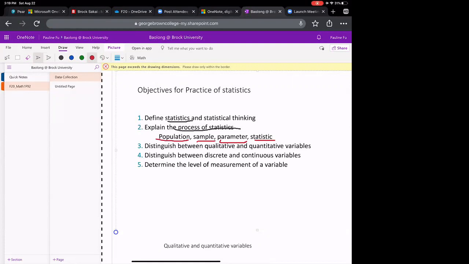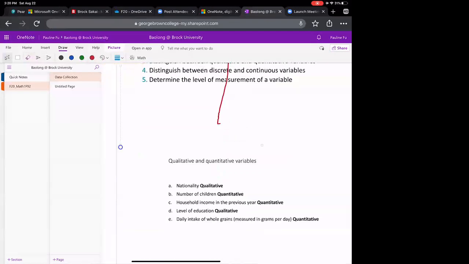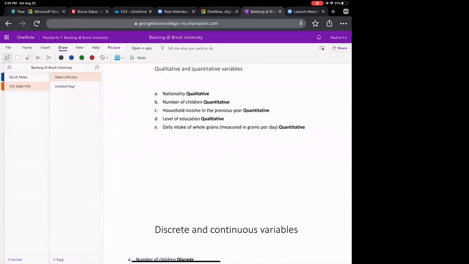Next, distinguish between qualitative and quantitative data. Qualitative data allow for classification of individuals based on some attribute or characteristic.